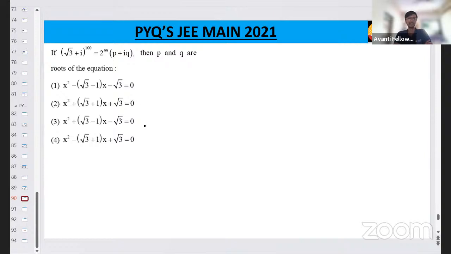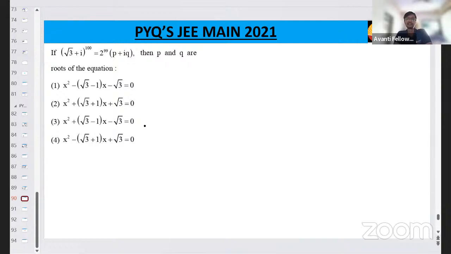So whenever we get higher powers in complex numbers, what do we use? Right? What do we use when we have high powers of a complex number? We use exponential form, right? And we have learned how to convert a standard form into exponential form, or a standard form into polar.